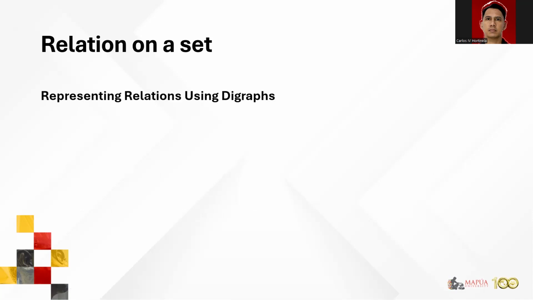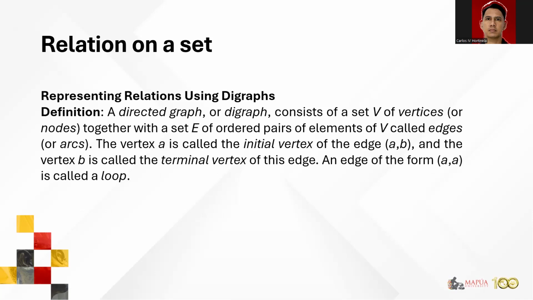You can also likewise represent relations using what you call digraphs. So what are digraphs? A digraph is called a directed graph for short, which consists of a set of vertices or nodes together with your set of edges, basically referred to as arrows because on your relation, edges or lines look like arrows, di ba? The vertex A is called your initial vertex, which is where your arrow comes from.